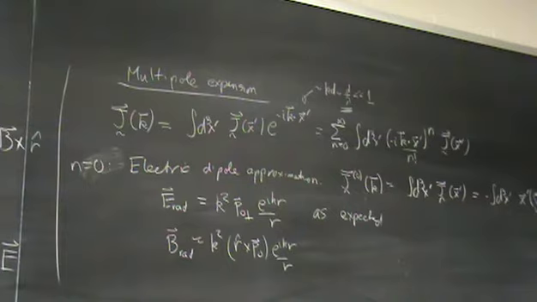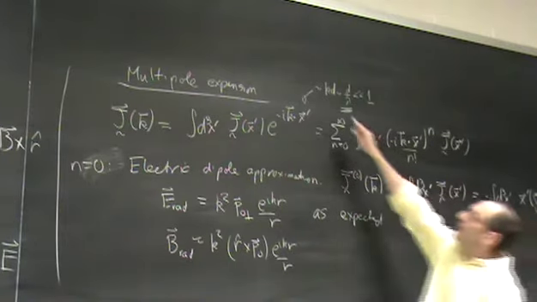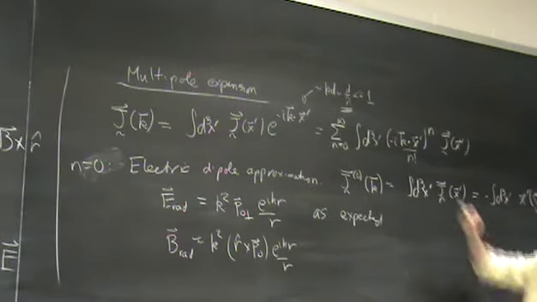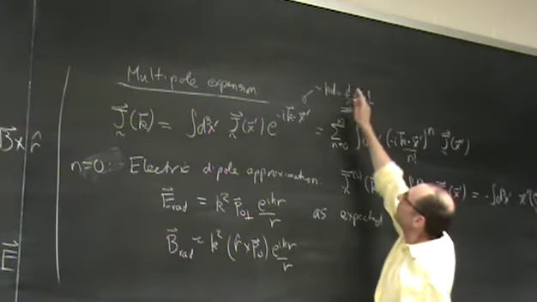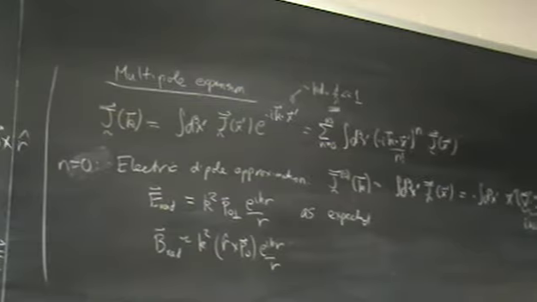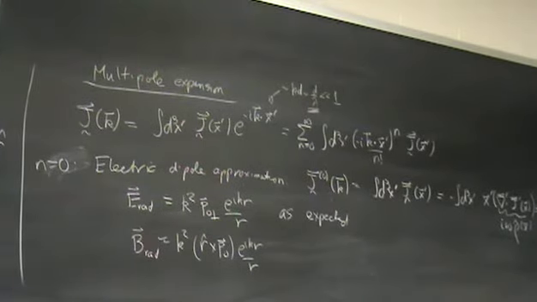All right, so the lowest order dominating term, when k times d is tiny, meaning that the wavelength of the radiation is huge compared to the size of the source, is electric dipole. Now let's look at the next order correction.